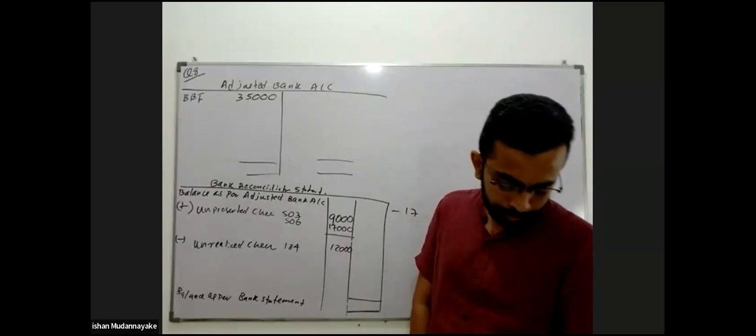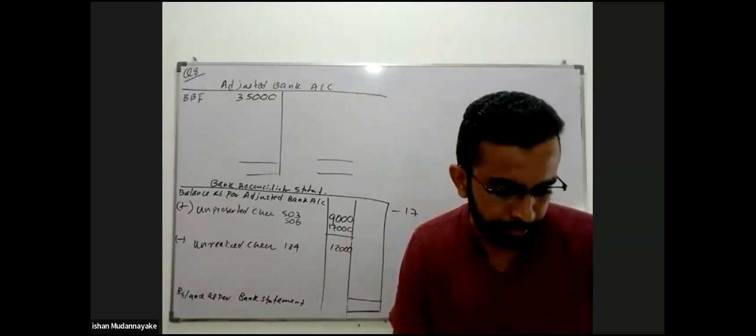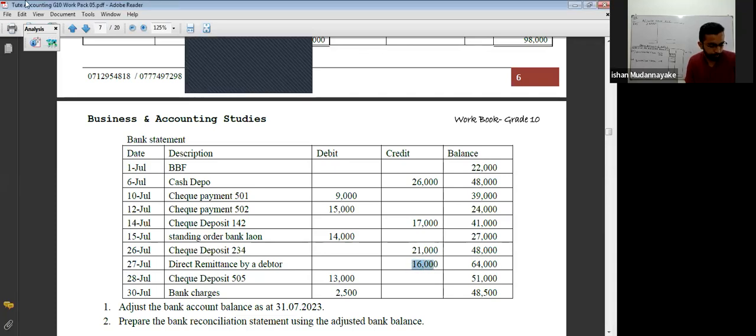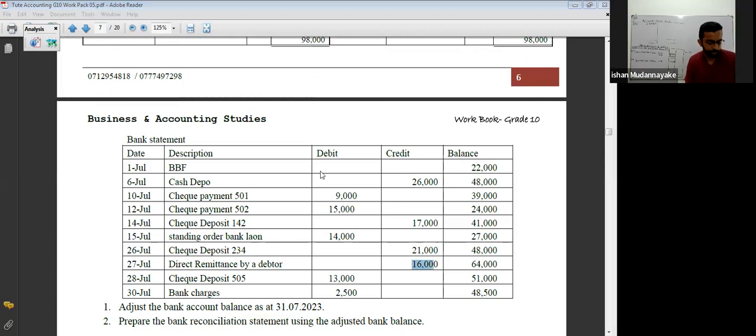What's the double entry for this direct remittance of 16,000? Himaya? Isra, what's the double entry for this 16,000? Bank account debit, debtors account credit.